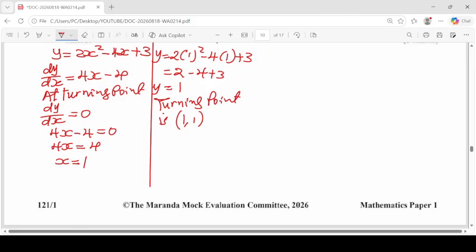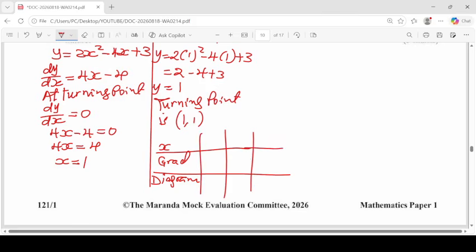To get the nature, I'll have here the x value, the gradient, and the diagram. I'll use two methods to illustrate it. So when x is 1, to the left it's 0, to the right it's 2. What is the gradient? You replace this with the gradient function. When x is 0, the gradient will be given by 4 into 0 minus 4, which is negative 4. So this is a negative gradient, it drops that way.